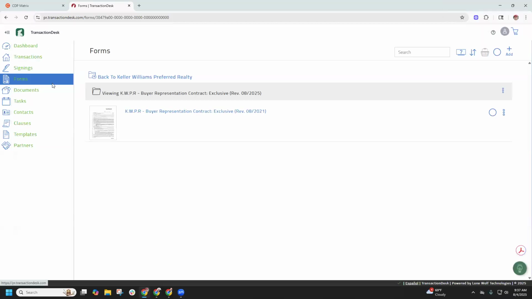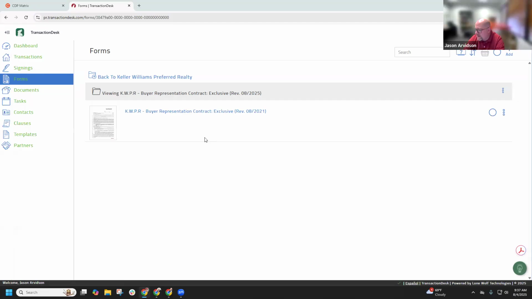If I have an existing contract, do I have to go back and redo it now that the forms are updated? That is a fantastic question, and the answer is no. You do not use these forms going forward, but any existing contracts you have are still relevant and current until such time as you need to re-sign those.